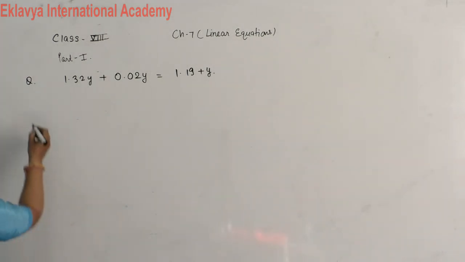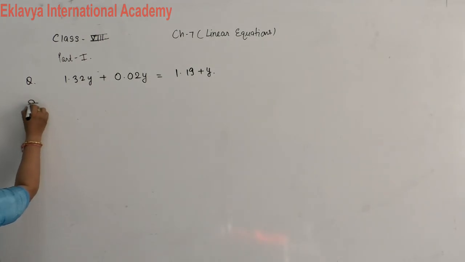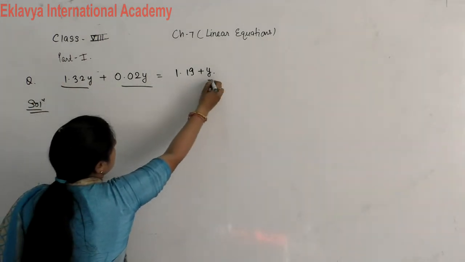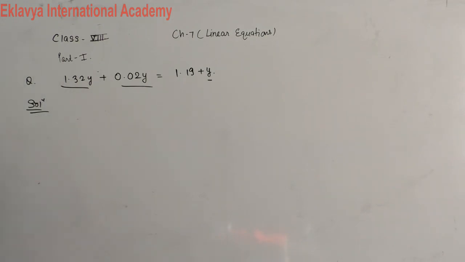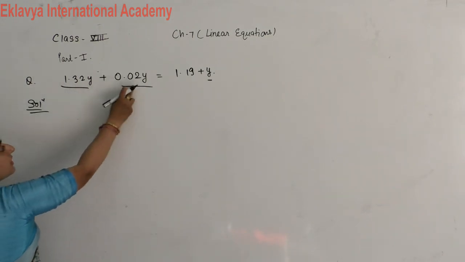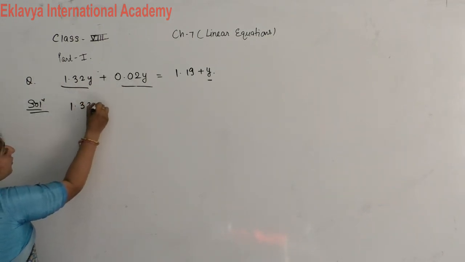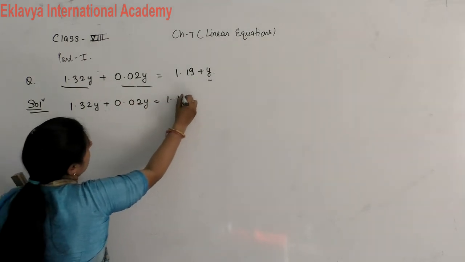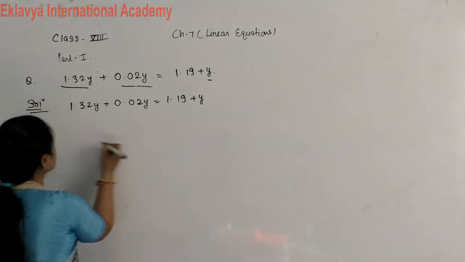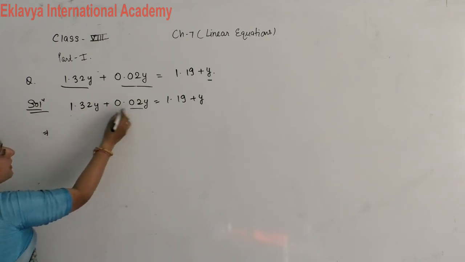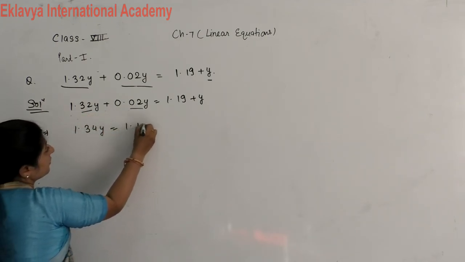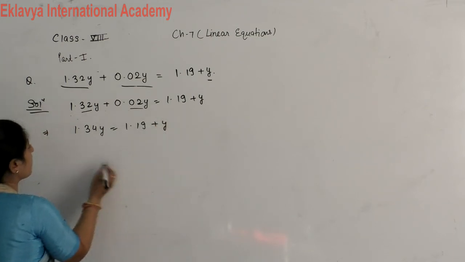Now see, this one and this one are like terms. Firstly solve it. 1.32y plus 0.02y is equal to 1.19 plus y. It becomes 1.34y is equal to 1.19 plus y.